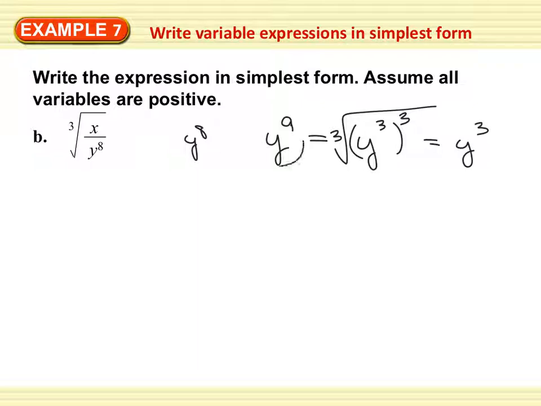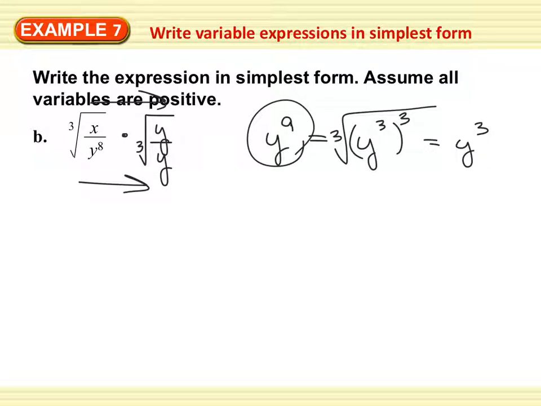So let's see how I can make that happen. That's my goal right now, is to make that happen in the denominator. If I multiply the numerator and denominator by y, remember we multiply across the top and across the bottom, that means in the numerator I'd have xy, and in the denominator I add those exponents and I get y to the 9th power.